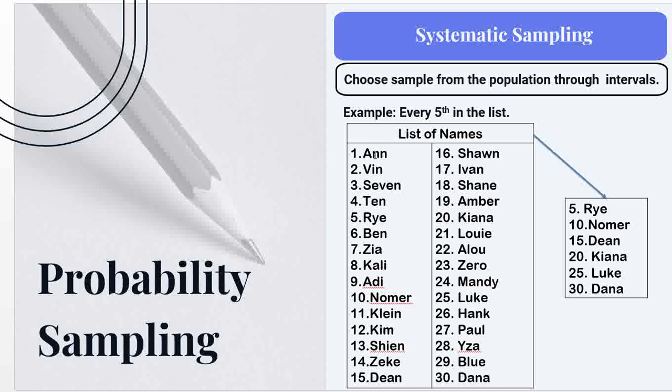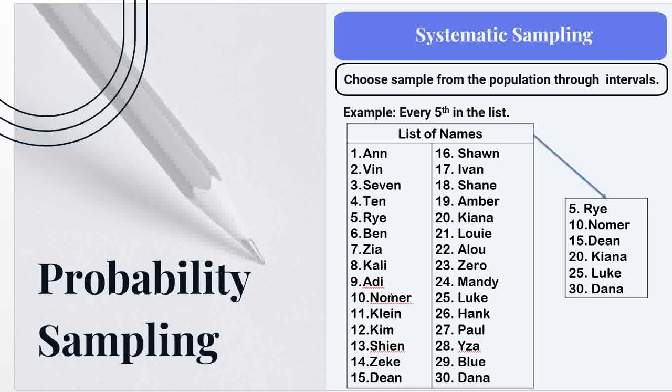Okay. 1 is Ann, 2 is Vin, 3 is 7, 4 is 10, 5 is Rai. So, at 5 we take Rai, because our criterion is the fifth in our counting, right? Or all those with number 5. Then 6, 7, 8, 9, 10.